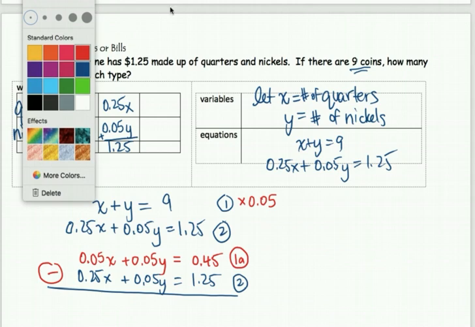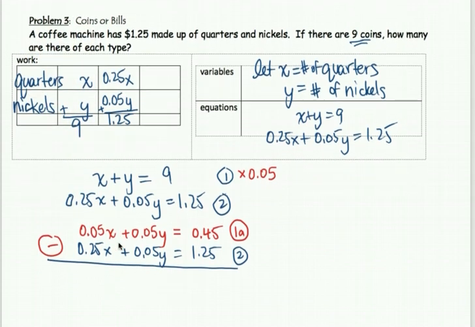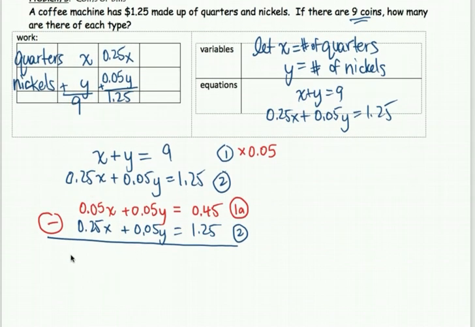That first one, 5 cents takes on 25 cents, and 25 cents is going to win. So they're negative, so it's this minus that, and the negatives will win by 20 cents. 0.05 subtract 0.05, gone.